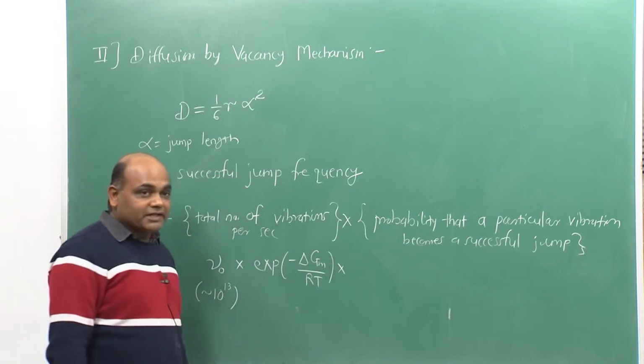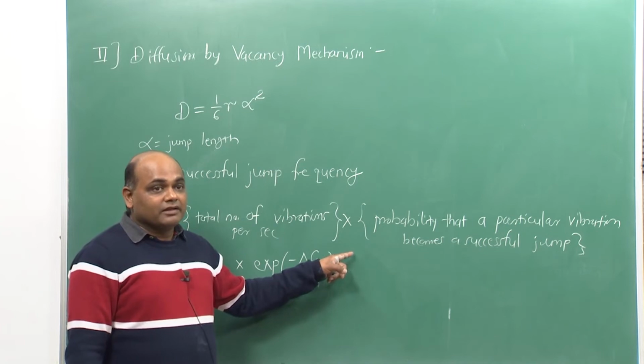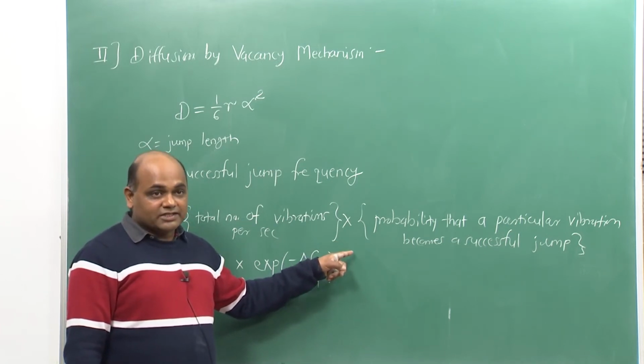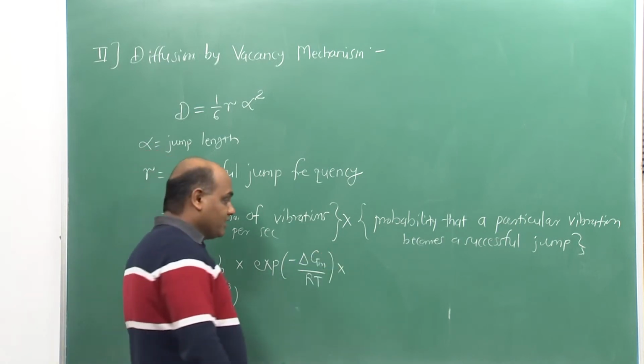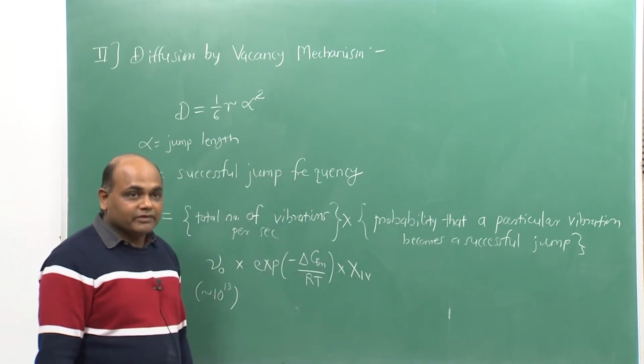And what is the probability that a particular site is a vacant site? It will be total number of vacancies divided by the total number of lattice sites, that is the site fraction of vacancies, or what we denote as x 1v, right.